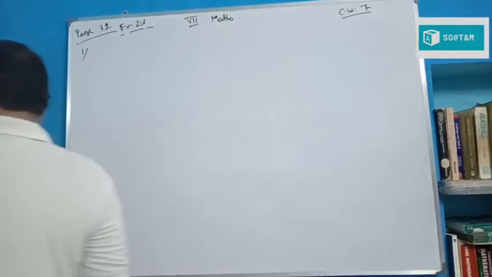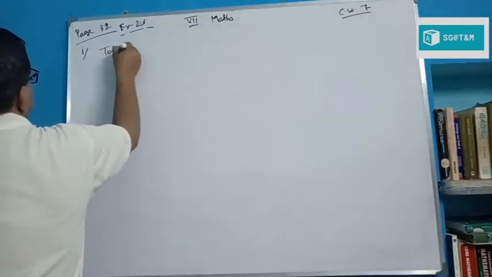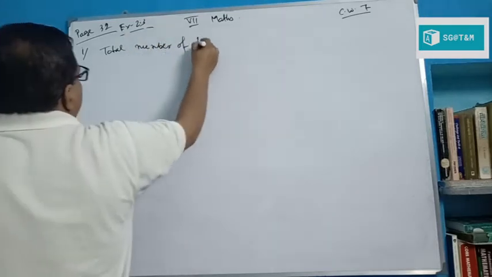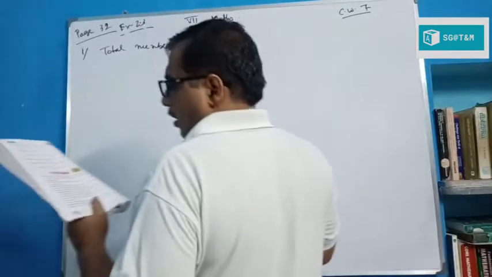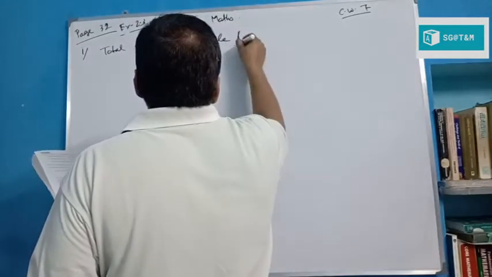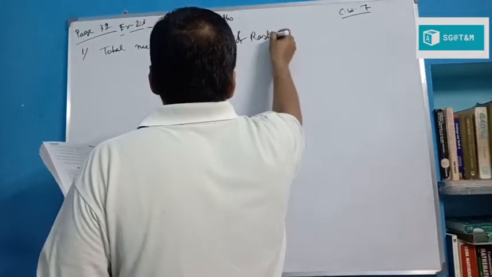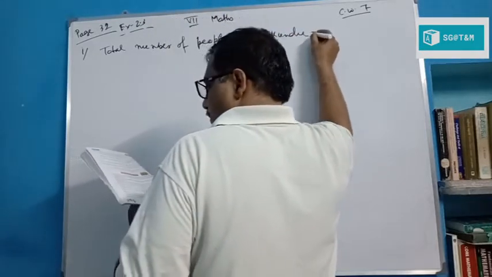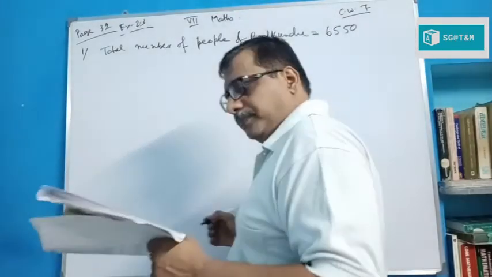Okay, so the total number of people of Raskundo is 6,550.